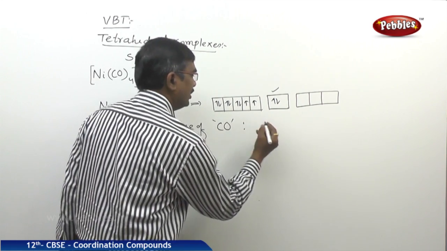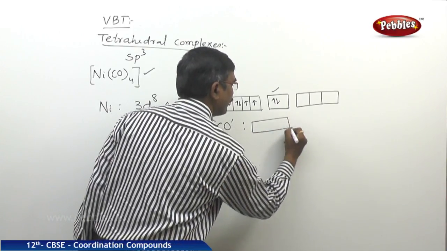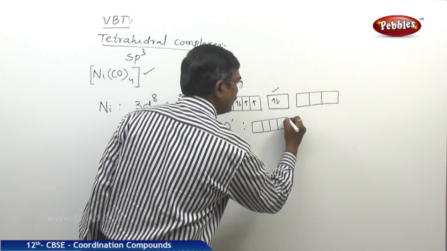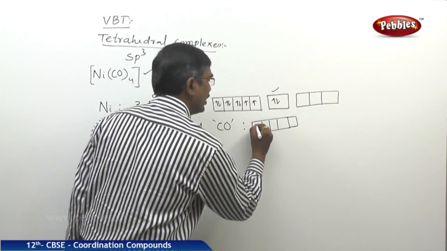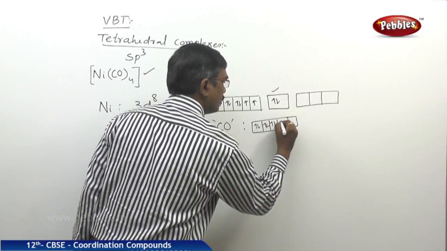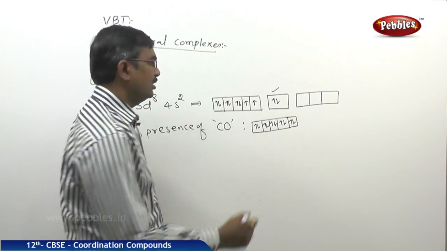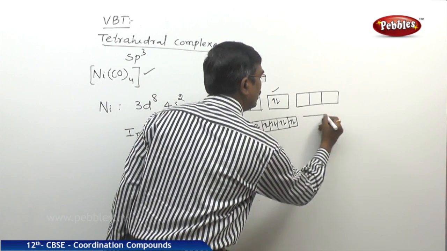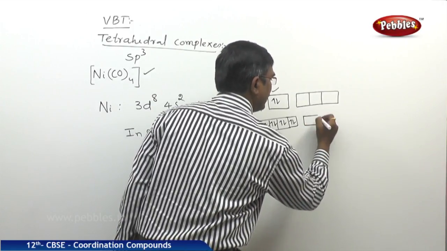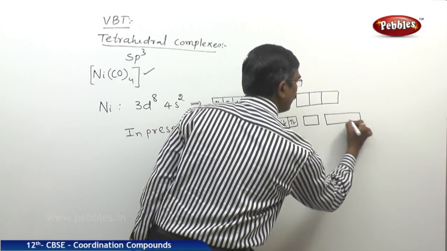Therefore the 3d orbitals are completely filled with 2 electrons each. That's why the 4s orbital is now vacant, and the 4p orbitals are also vacant.